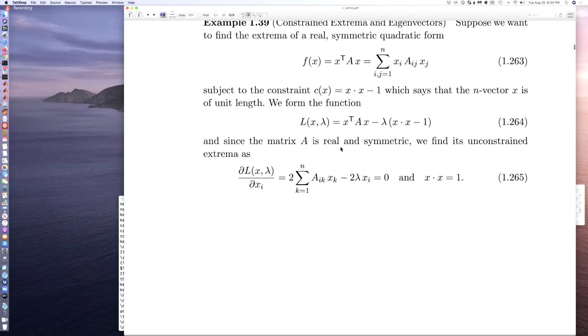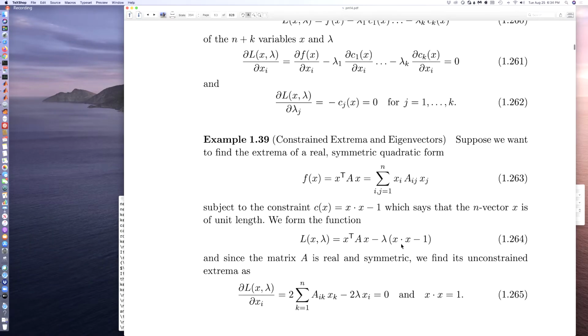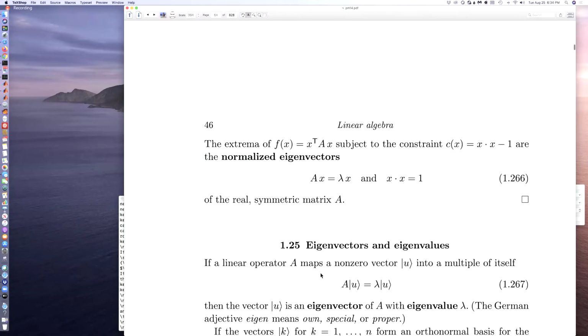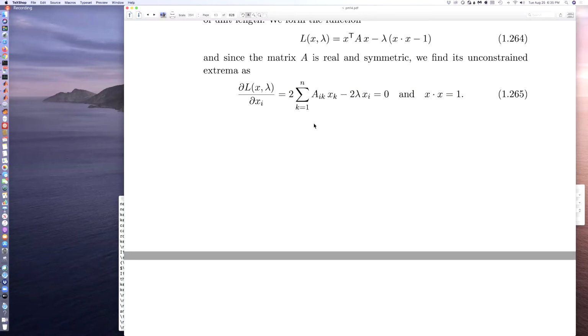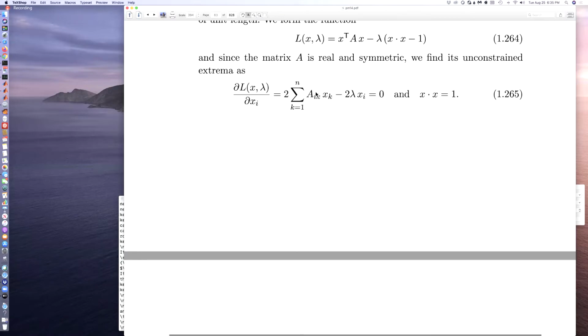The other equation, the partial of L with respect to lambda, just enforces the constraint. So what we have then is that Ax is lambda x, and x dot x equals 1. The Ax equals lambda x comes from this equation. If you put this term to the right-hand side, cancel the 2's, you just have in matrix form Ax equals lambda x.